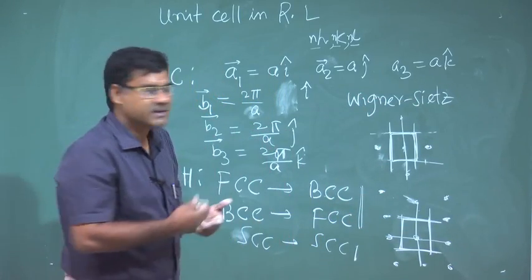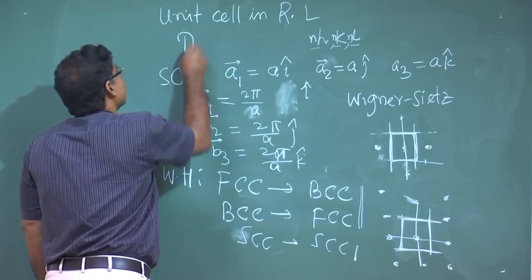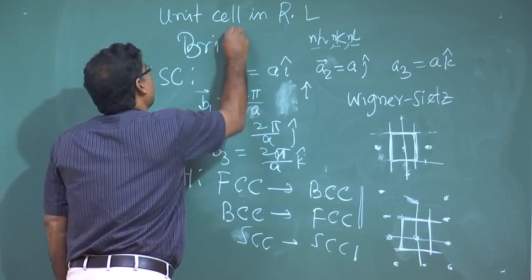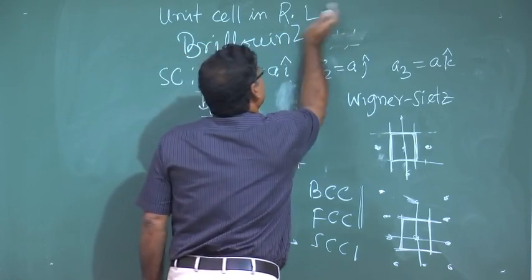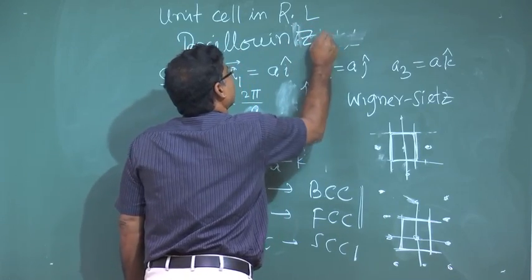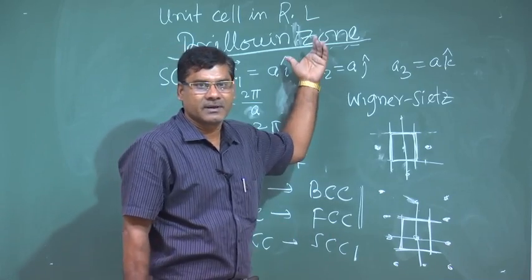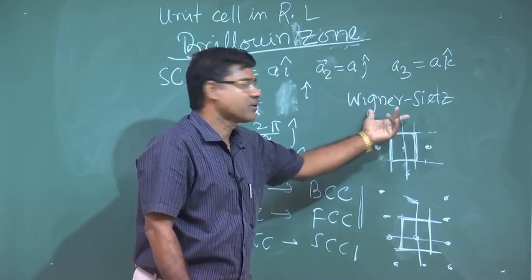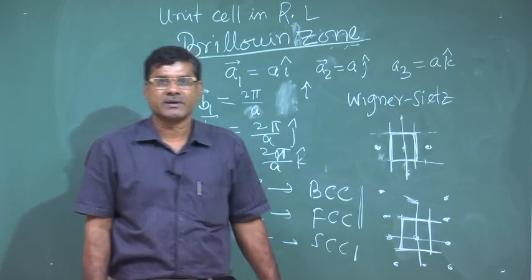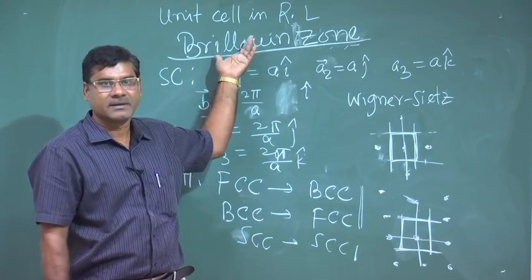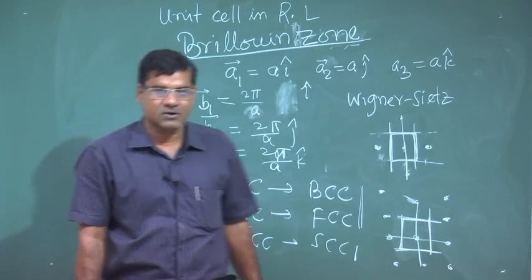The similar unit cell in reciprocal lattice is called the Brillouin zone. In the next class I will discuss more. Okay. So, I will stop here. Thank you.